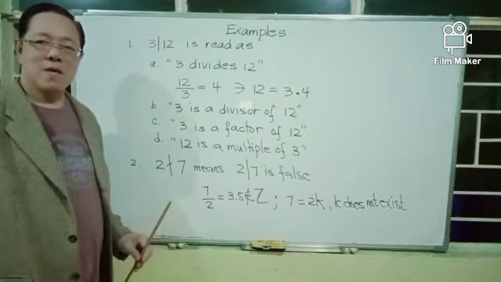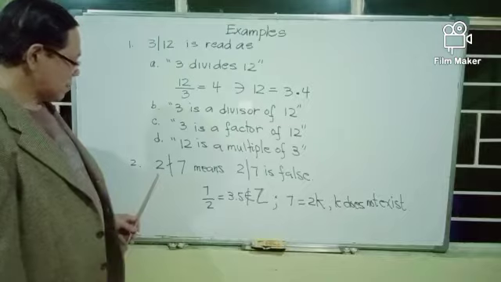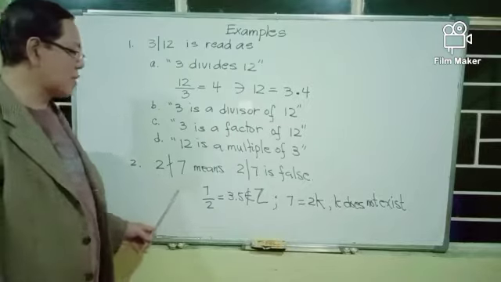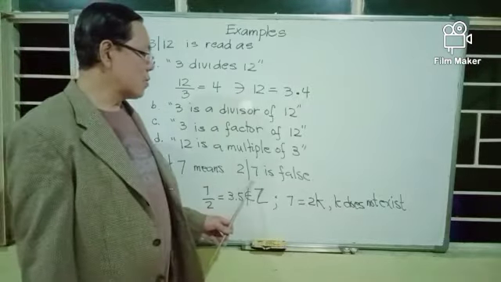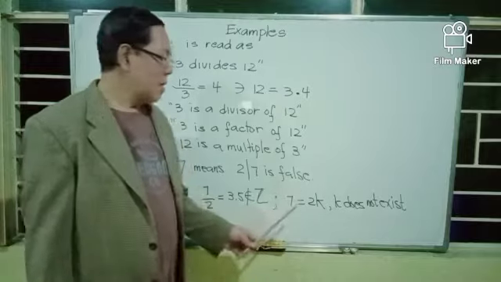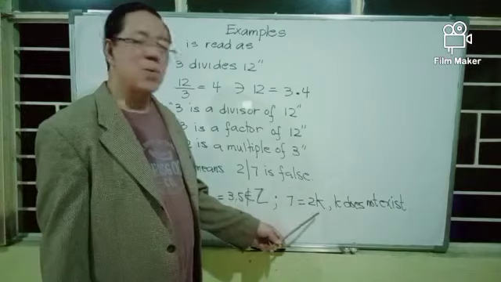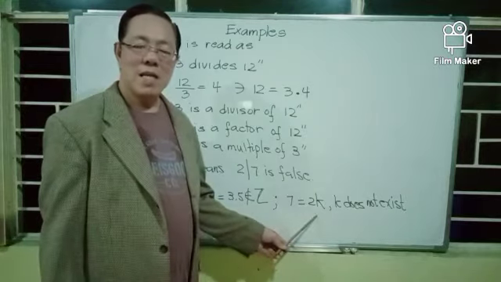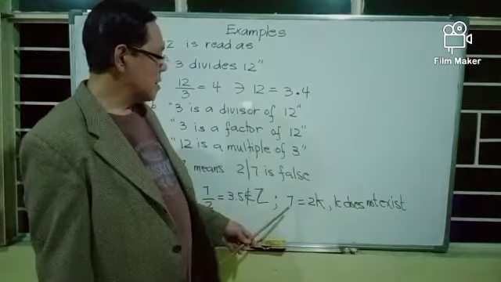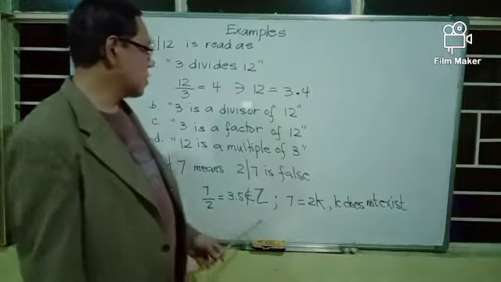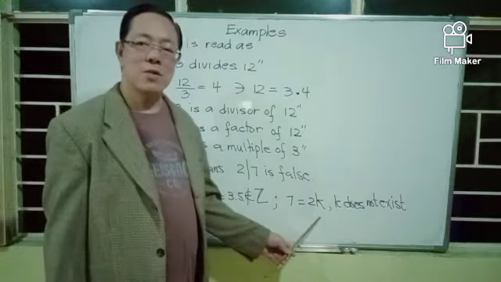And again, in the definition, 2 does not divide 7 means that 2 divides 7 is false. And we have shown that this is true. 2 divides 7 is false because we cannot find an integer k such that 7 is equal to 2 times that integer.